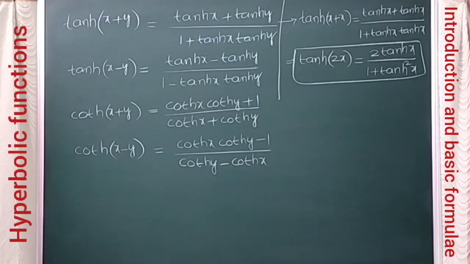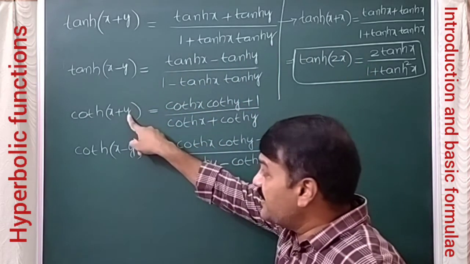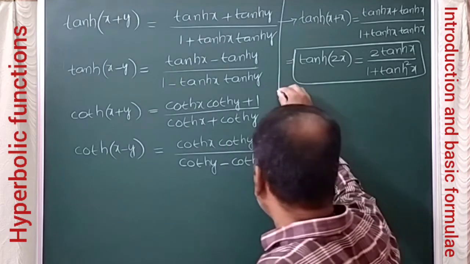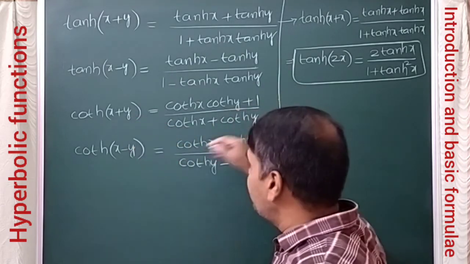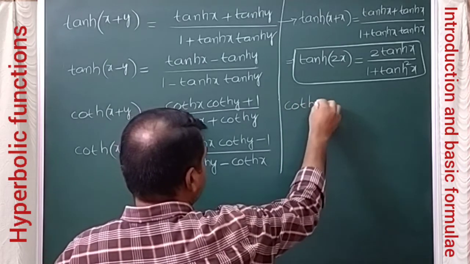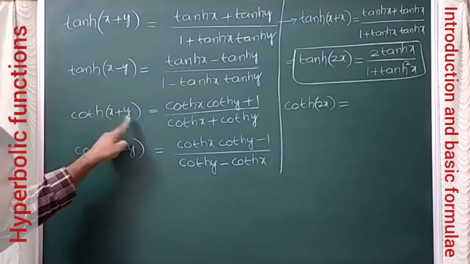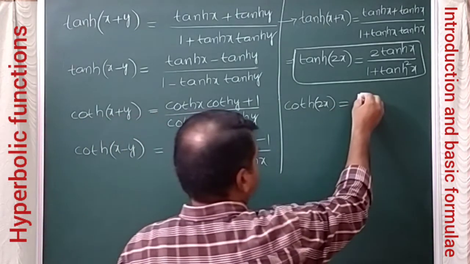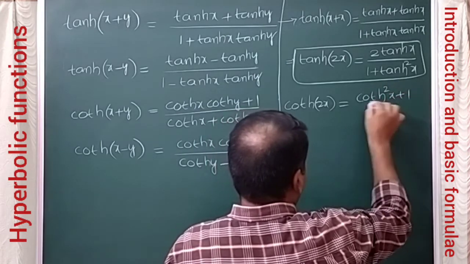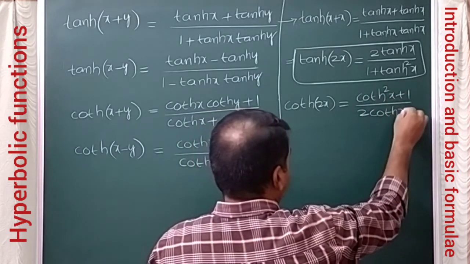Okay, so this is the value of coth of x minus y. Now same as this derivation, when you replace y with x in this formula, you are going to get coth 2x. So when you replace y with x, what you will get? (coth square x plus 1) by (2 coth x).